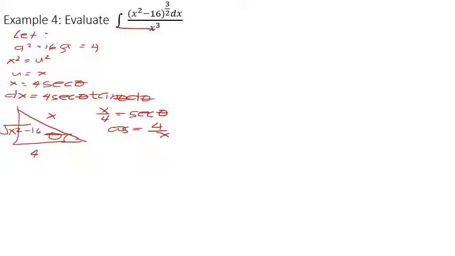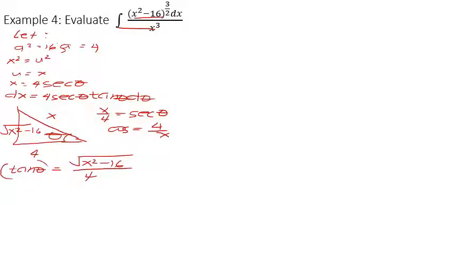So with that, we need to get the value of x squared minus 16. So I can relate it to tangent, since we have tangent here. So we have tangent theta is equal to the square root of x squared minus 16 over 4.